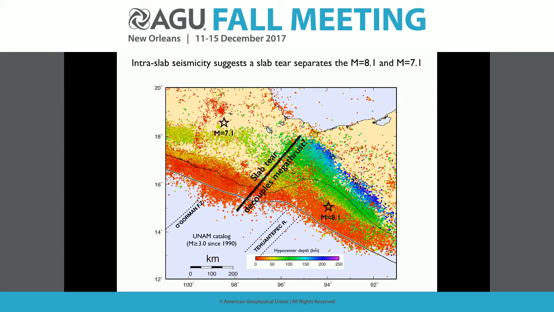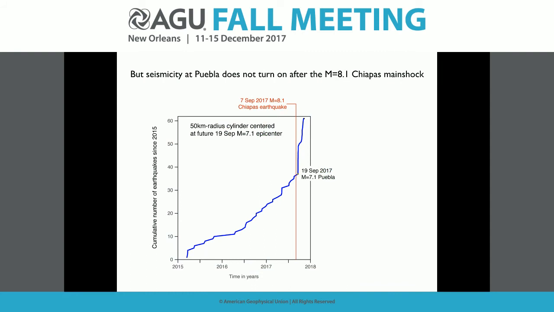But seismologists probably argue that the dynamic stress change caused by the first one, which probably had a directivity to the northwest, influenced this area and could trigger the second event. To examine that, we looked at the seismicity near the Puebla epicenter. This is the cumulative number of earthquakes near the hypocenter of the Puebla second event.